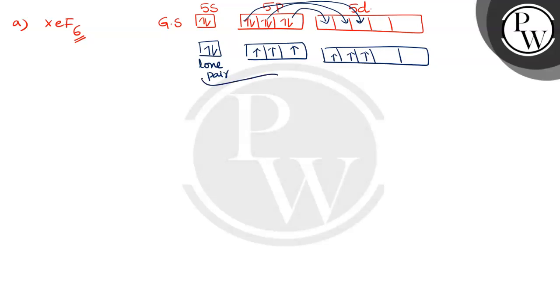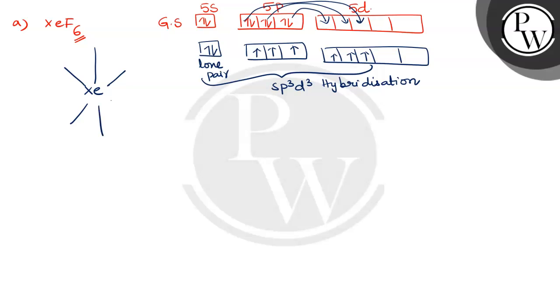So now it undergoes sp3d3 hybridization. As it is sp3d3 hybridization, we are expecting pentagonal bipyramidal structure, but one position is occupied by the lone pair. So this is 1, 2, 3, 4, 5, 6.